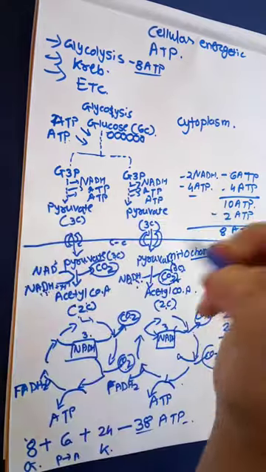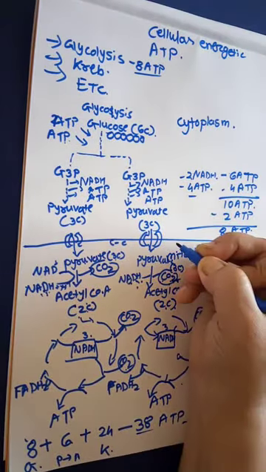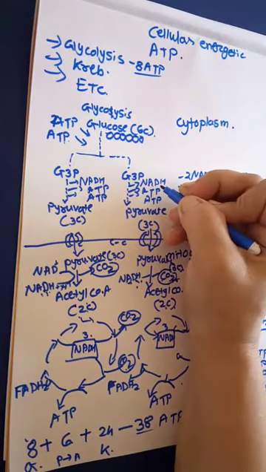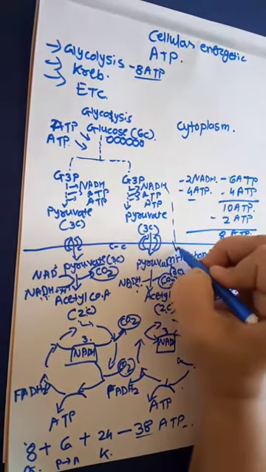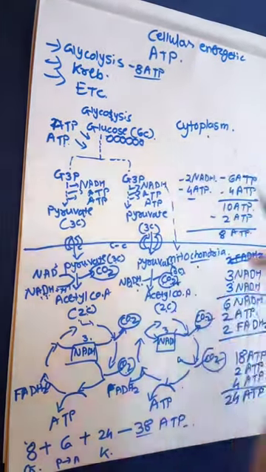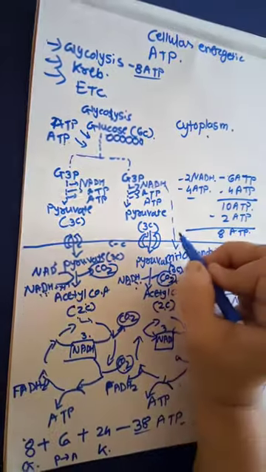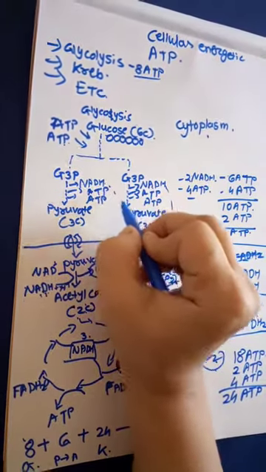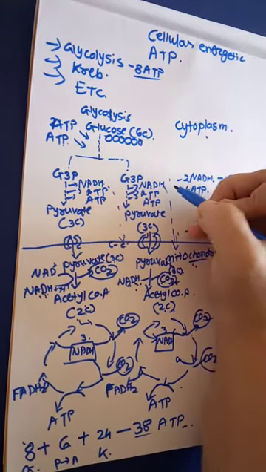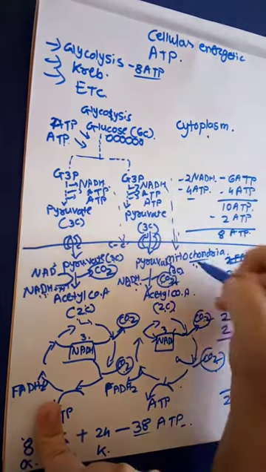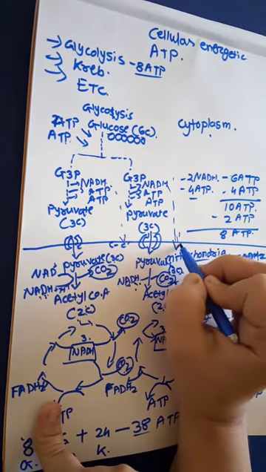So to generate 3 ATP molecules, it has to enter the electron transport chain, and the electron transport chain takes place in the mitochondria. So it has to cross this barrier, from cytoplasm into the mitochondria. So 2 NADH molecules have to come from the cytoplasm into the mitochondria, so some sort of energy will be utilized.